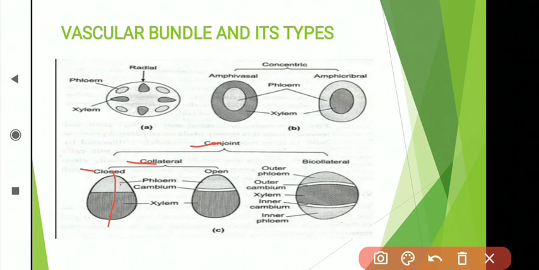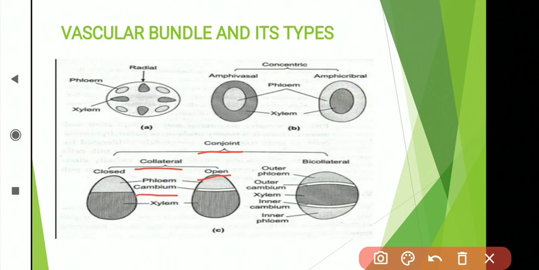The second type of conjoint vascular bundle is the conjoint collateral and open type of vascular bundle. Look here, in this vascular bundle, xylem and phloem are present on the same radius. In the center or middle portion between both the tissues, there is a presence of cambium.